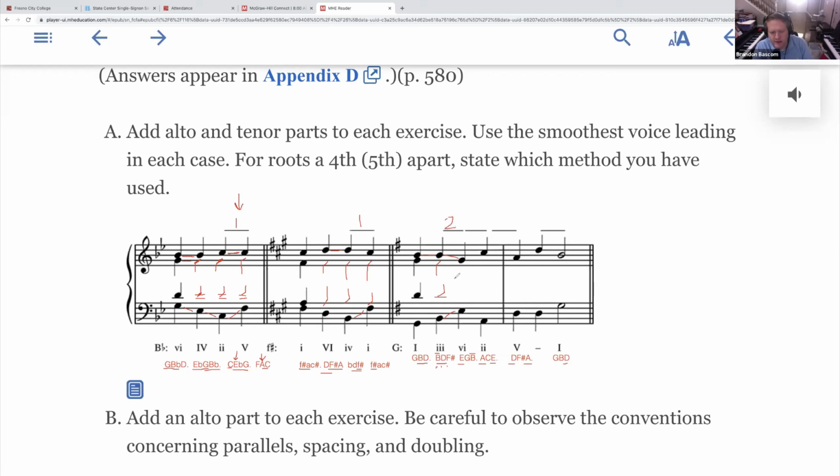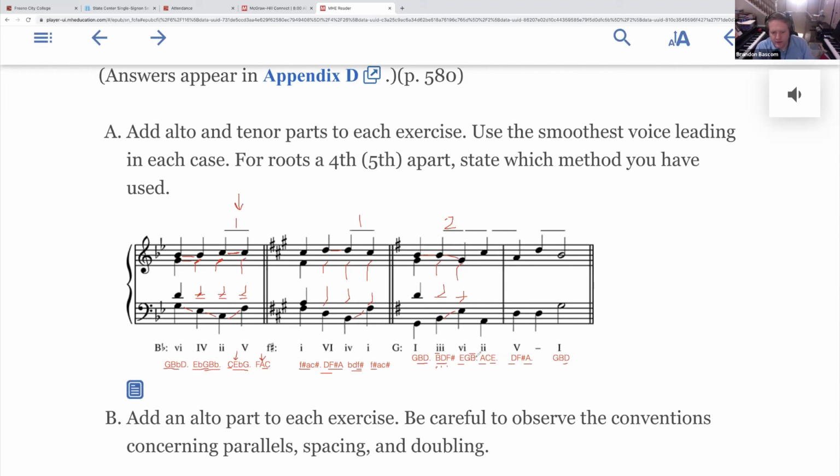And that is similar motion by seconds or thirds. So we need to go down by step and down by skip. Does that work?